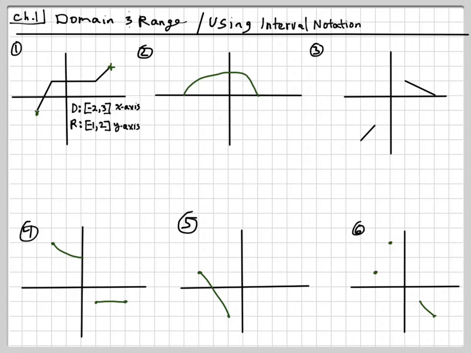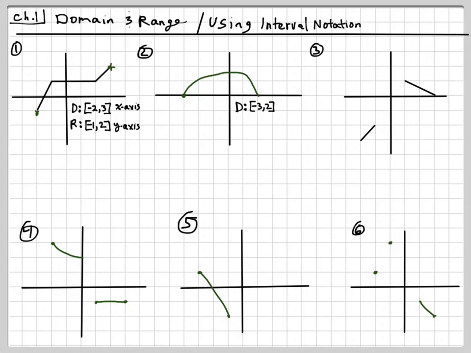Now let's take a look at problem number 2. For the domain, once again, we are only concerned about the x values that are used for making that function. So we ask again, what is the smallest x value? It happens at the point that is furthest left on that curve, which is right here, and that x value is -3.